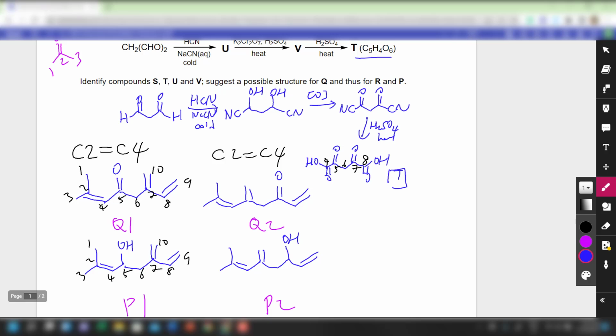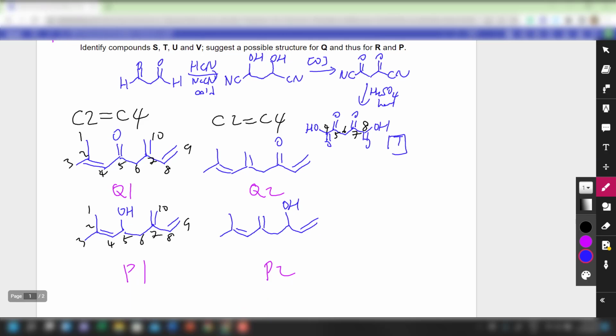Again, these are the two simplest possibilities which I can come up with, because at the end of the day, you need to maintain the fact that the ketone group has to be right in the middle, and that is the group which gives rise to the secondary alcohol in the structure of P. So with that will be the end of question 1's review.